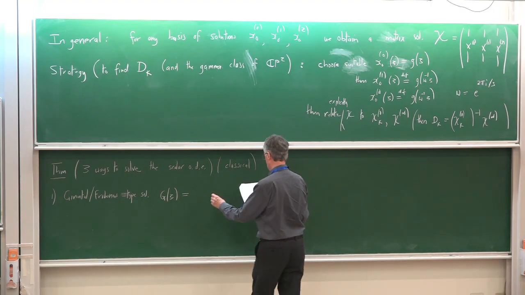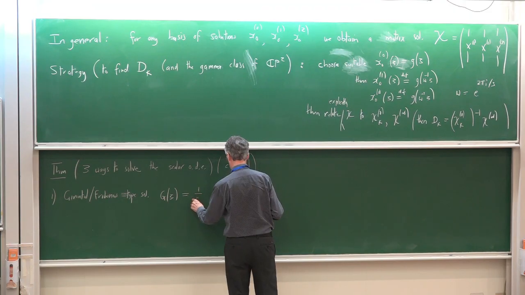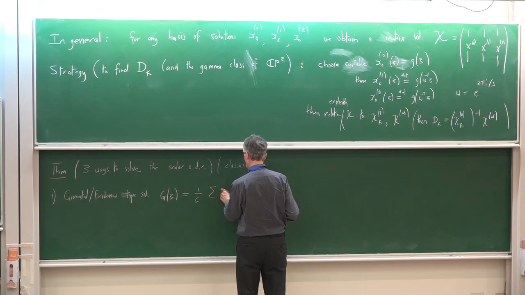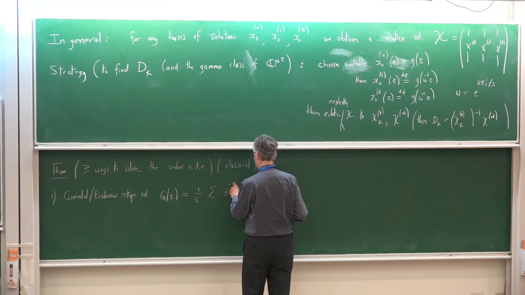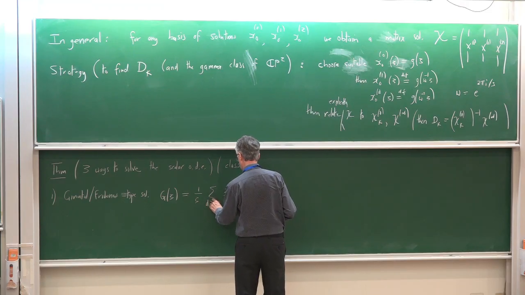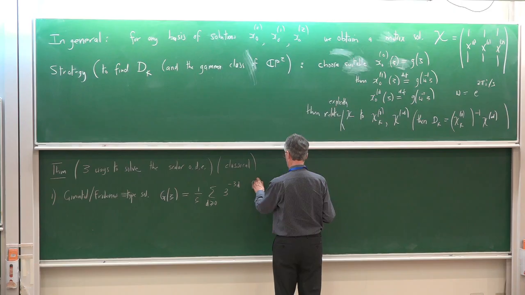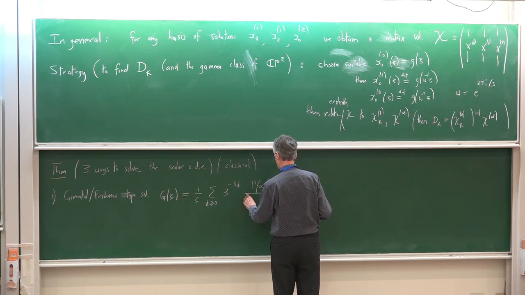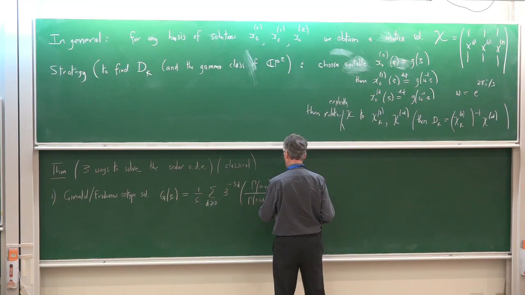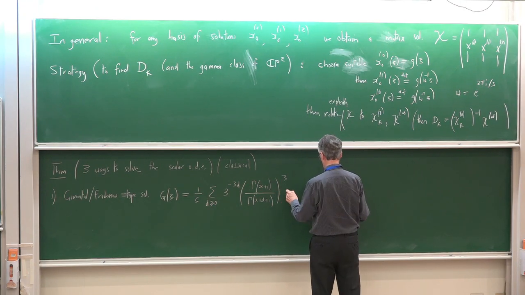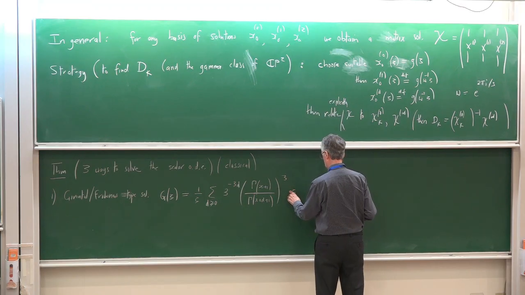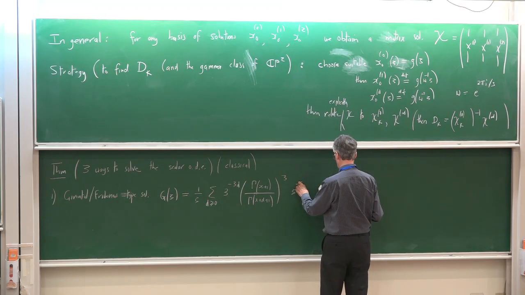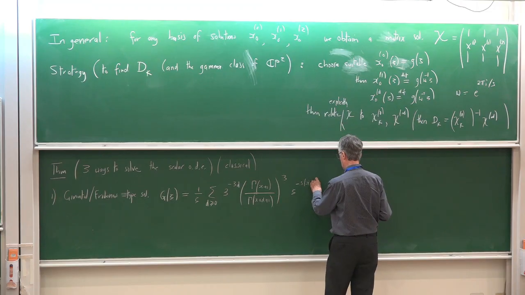So the Givental type solution is 3 to the minus 3d, and then we have some gamma functions, and then we have zeta to the 3x plus d.